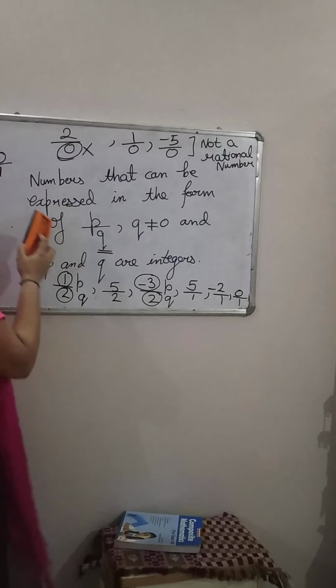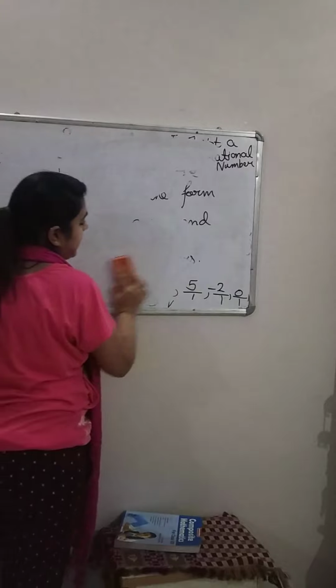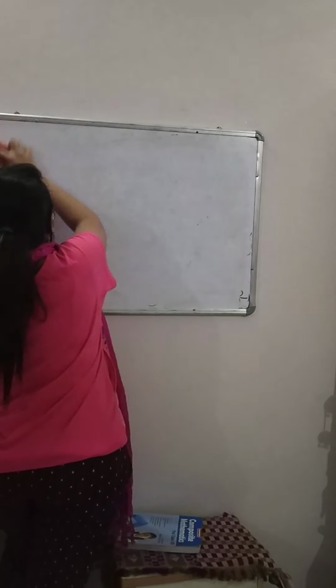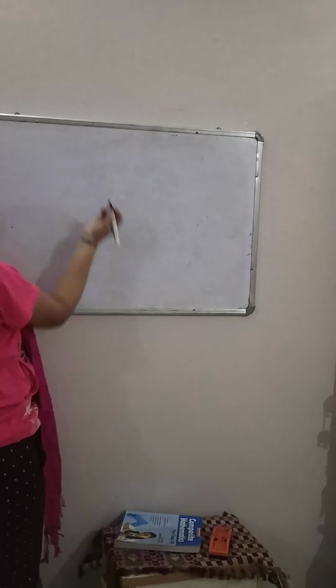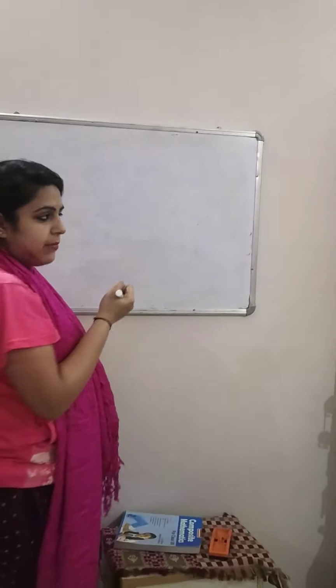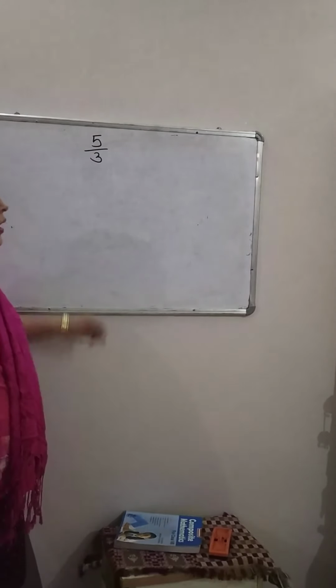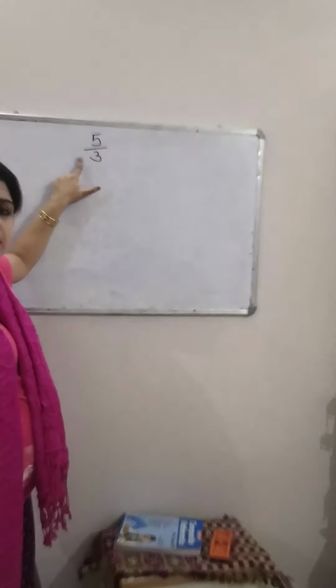Okay. Now coming to the next thing. We have positive rational numbers and negative rational numbers. If I am saying 5 upon 3, the numerator is positive, the denominator is positive, so the whole is positive.